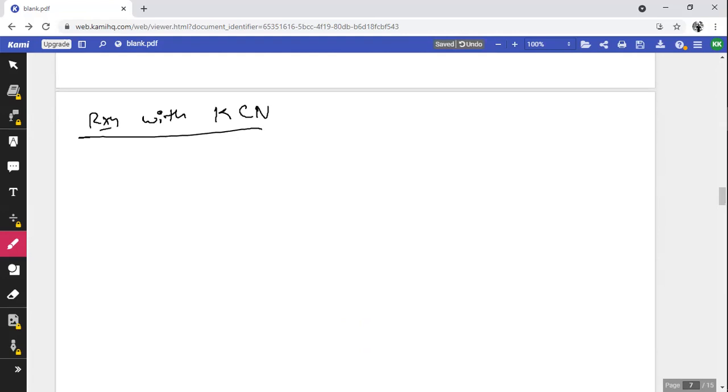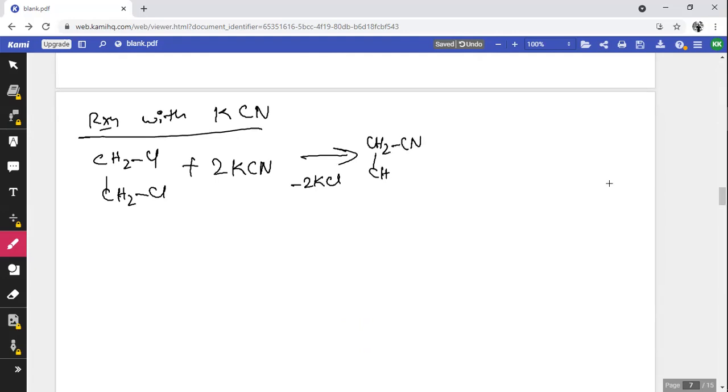So here, if you consider CH2Cl single bond CH2Cl, I'm treating with two molecules of potassium cyanide, which liberates two molecules of KCl, and it is going to form CH2CN single bond CH2CN. This on acid hydrolysis gives CH2COOH single bond CH2COOH, that is succinic acid.